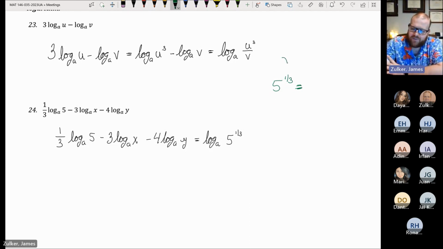We could write it if it was x, right? We'd leave x to the 3rd power as x to the 1/3. But when it's a number raised to a rational exponent, we typically don't leave it like that. Yep, cube root of 5. All right. That's how I'm going to write the first term.